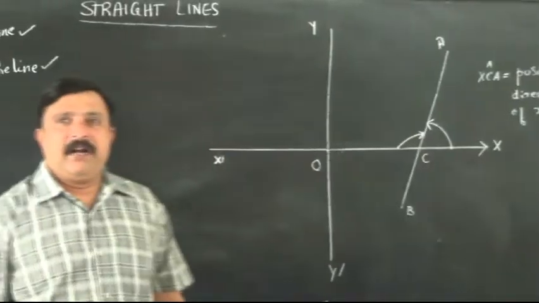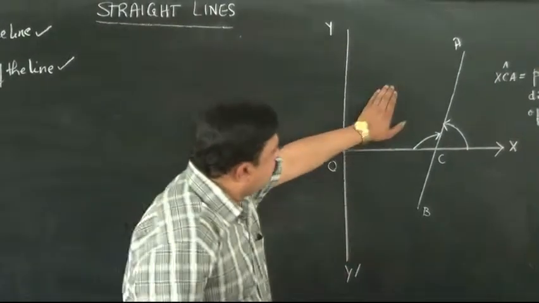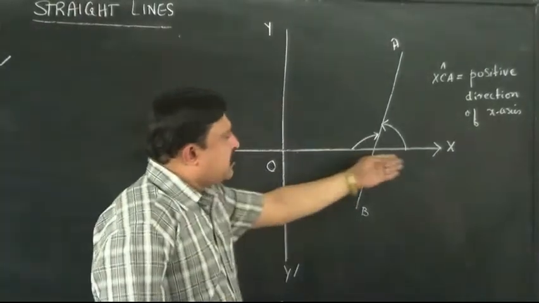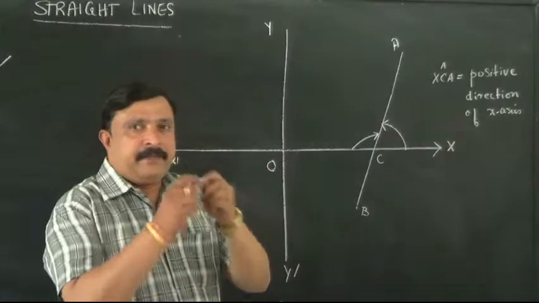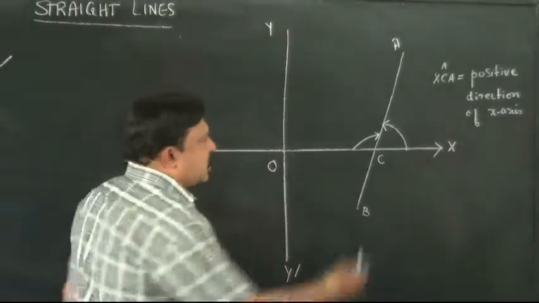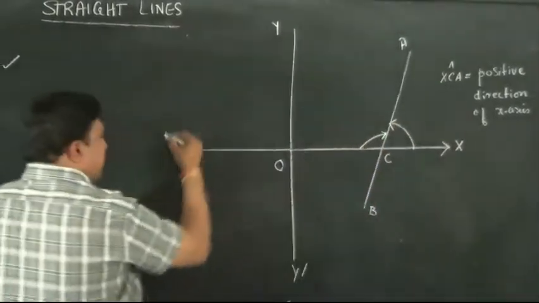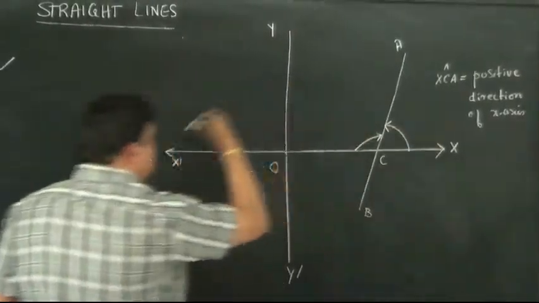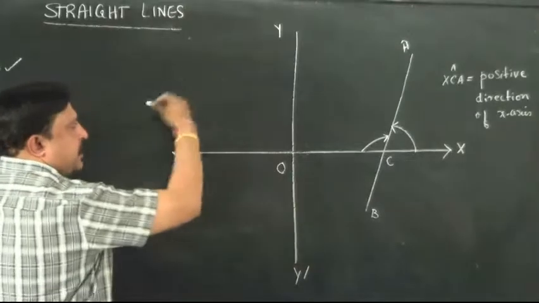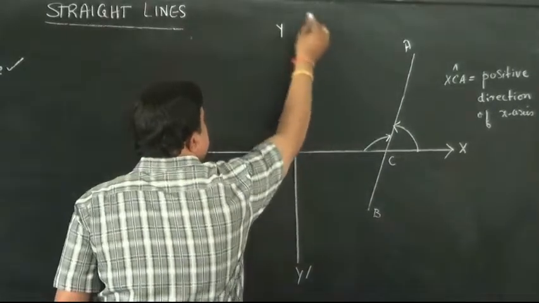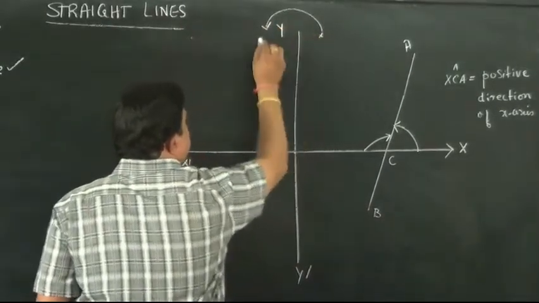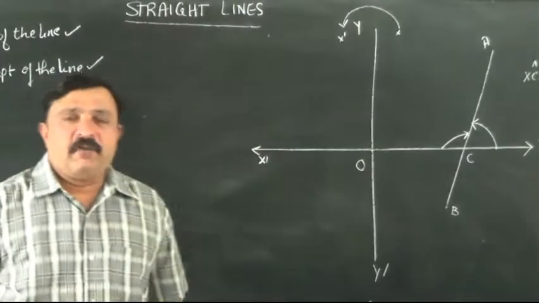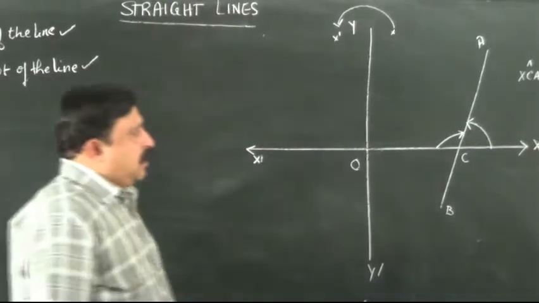And for all practical purpose, whether to number the quadrants or to understand what is meant by slope of the line, we consider the positive direction of the x-axis. The positive direction starts at x, and it is in the direction x to x dash, which is the anti-clockwise direction or the positive direction of the x-axis.